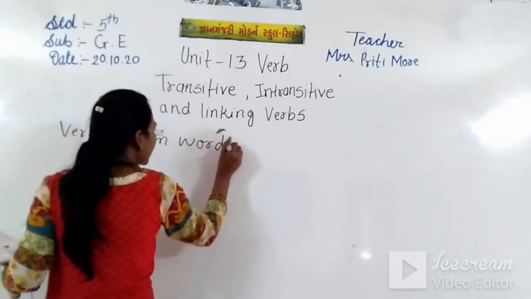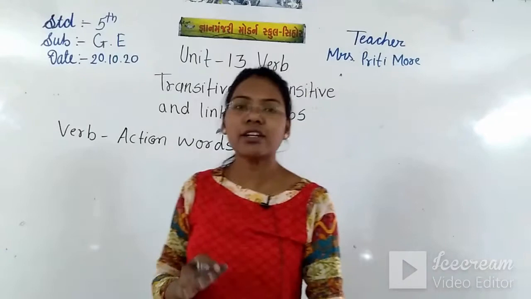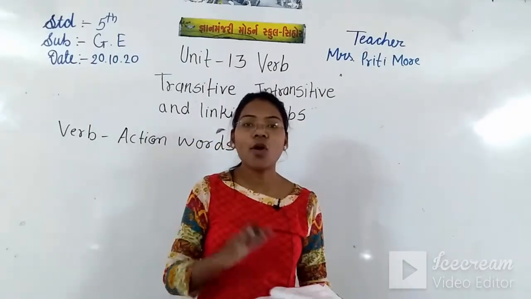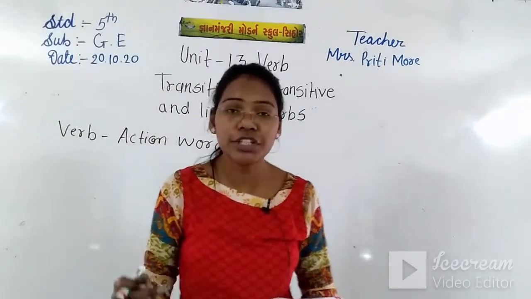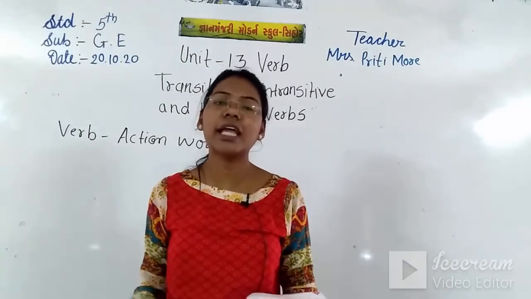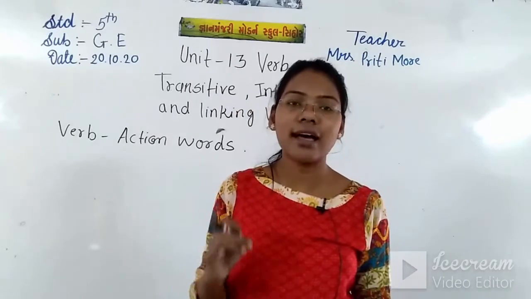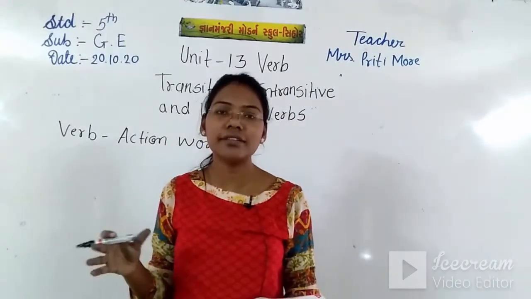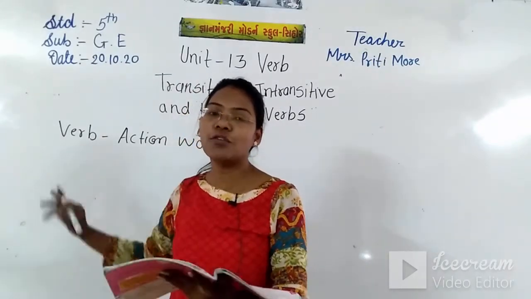There are so many action words like drinking, running, whatever action you are doing from morning to evening. If you are reading the book, reading is your action. If you are watching TV, watching is your action. Running, jumping, drinking, eating, bathing, so many action words are there, and the words that show the action in the sentence are called verbs.